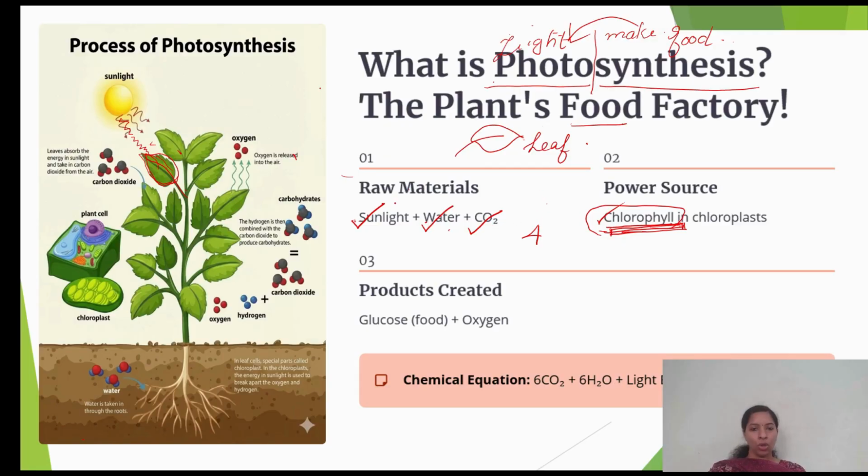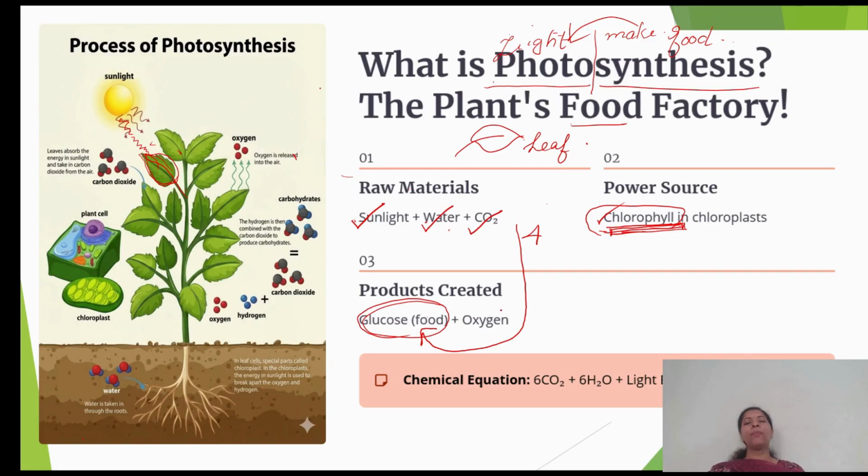When all these raw materials come together, a chemical reaction happens, and that leads to the formation of our product, which is glucose. Okay, so glucose is the product.